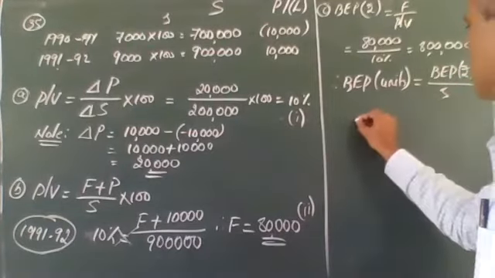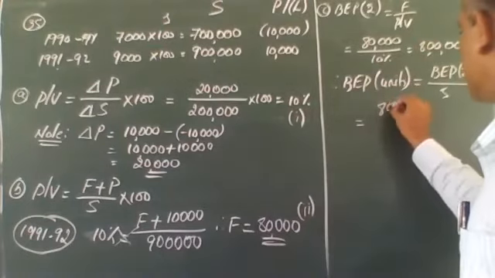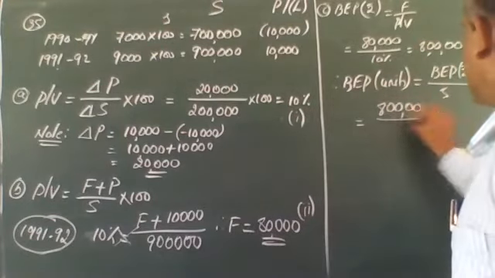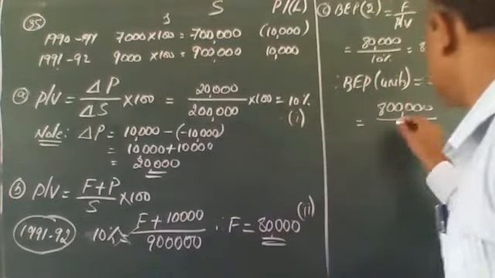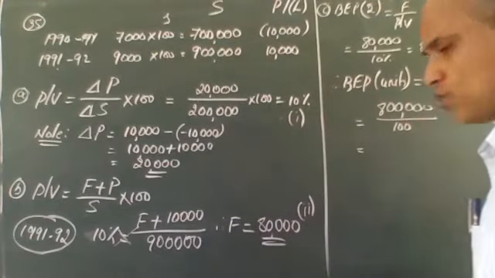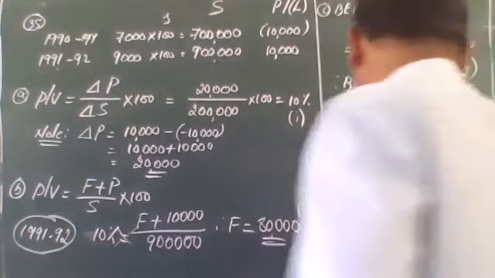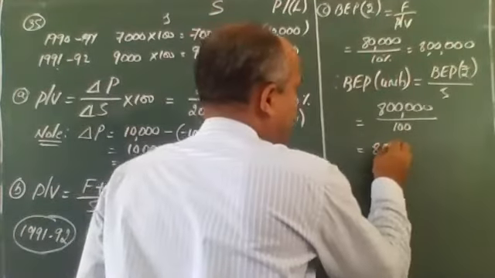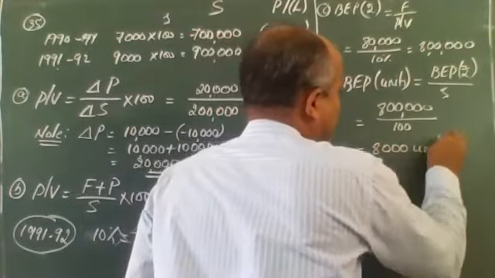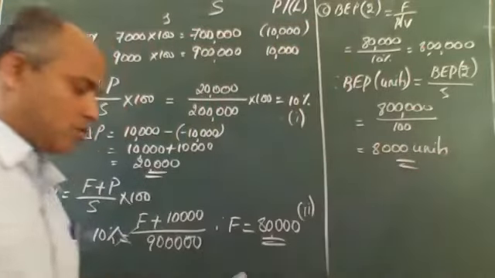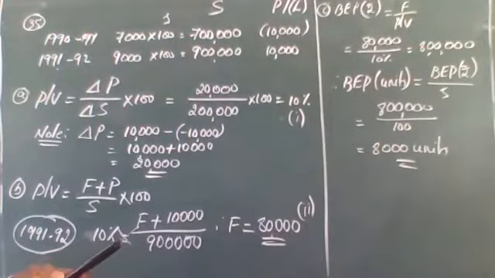So BEP rupees is 8 lakhs and selling price of each unit is 100. So this comes to 8 lakhs divided by 100 each, which comes to 8,000 units. This is your question number 3, the third bit of the question: number of units to be sold where there is no profit, no loss.